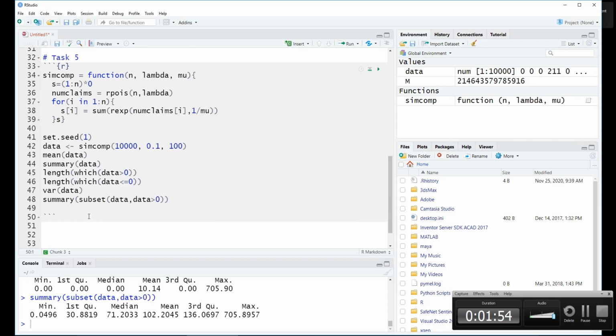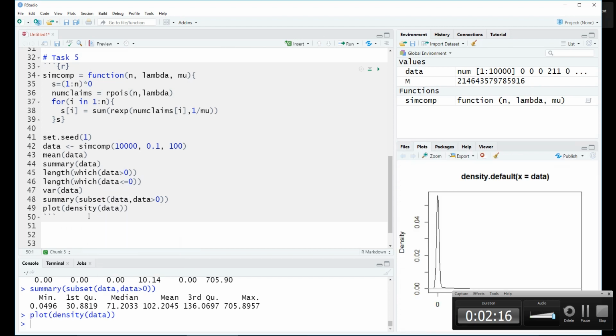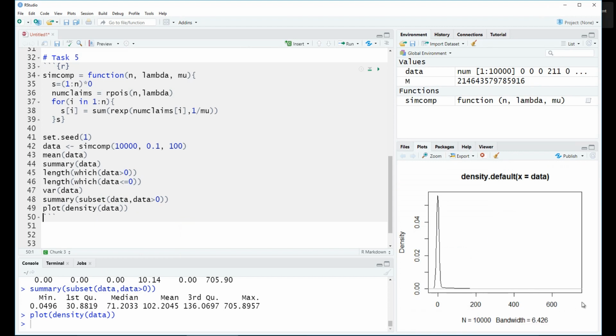Okay, so this is the summary of values which are non-zero, and the plot of our data should show us the significant peak, plot density. Yes, it shows us significant peak here. So in general, this is Poisson data.